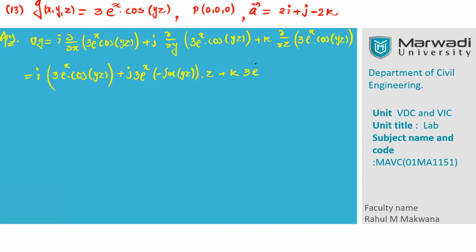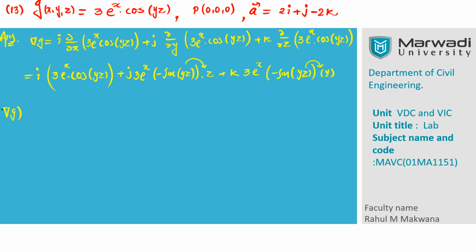Similarly, 3e raised to x is the same, minus sine yz, but now derivative of yz with respect to z will be y. The point is 0, 0, 0.